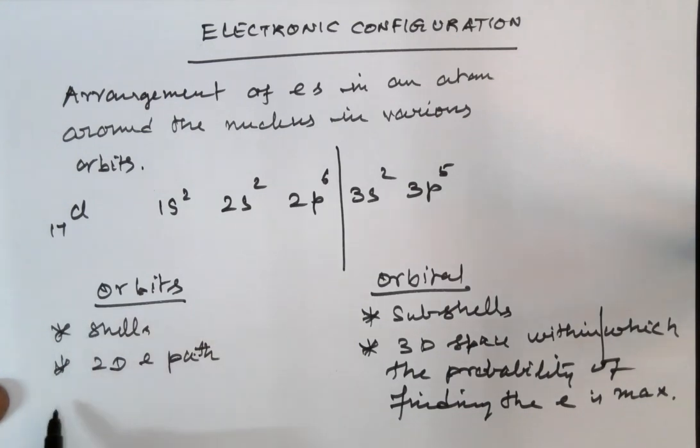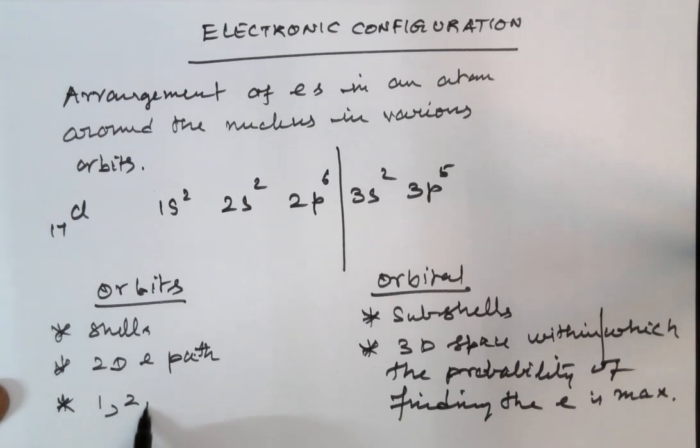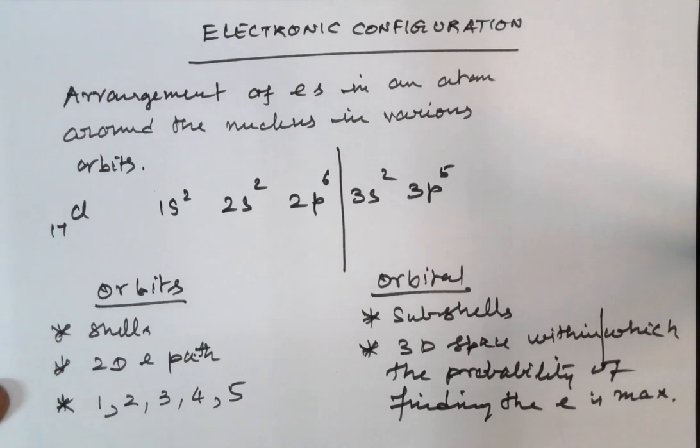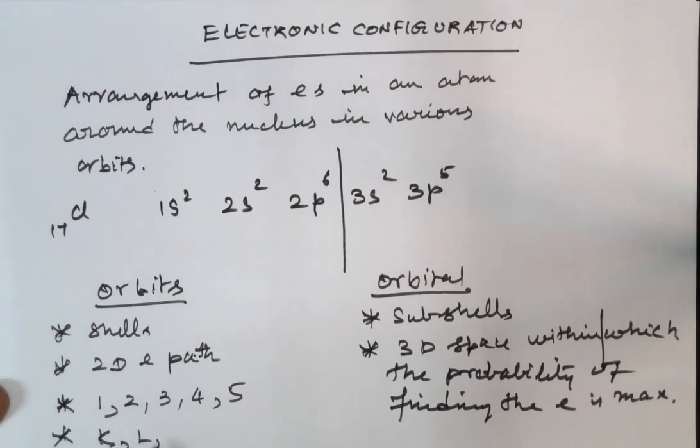In the case of orbits or shells, we have first shell, second shell, third shell, fourth shell, fifth shell, etc. And they were represented by letters also, like K shell, L shell, M shell, N shell, O shell.